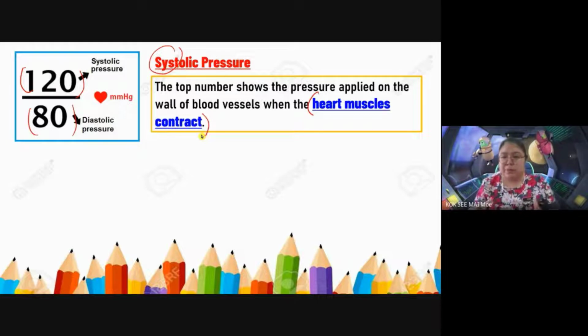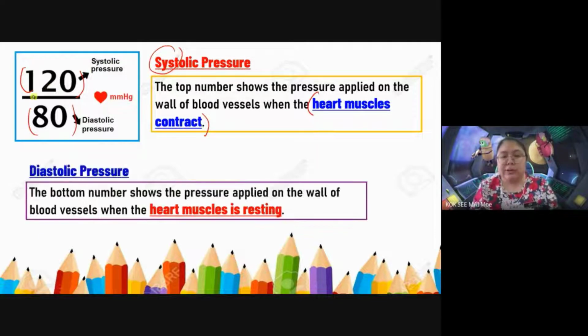When you compress and pump the blood, it will show you the top reading. Normally when you pump the blood to move, the pressure is highest, so the top one shows the biggest reading. That is what we call systolic pressure, when the heart muscle contracts.